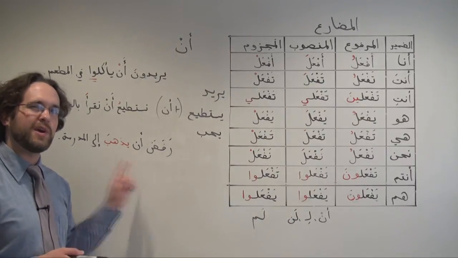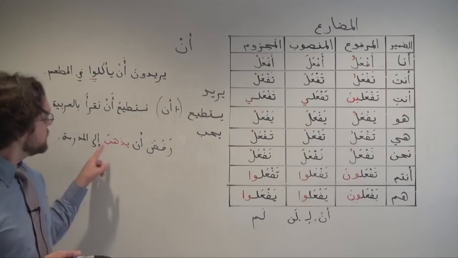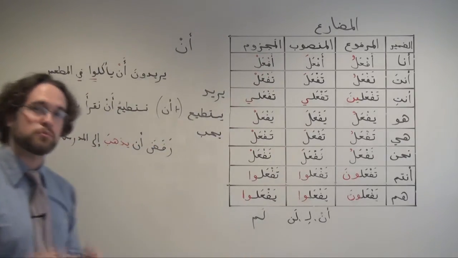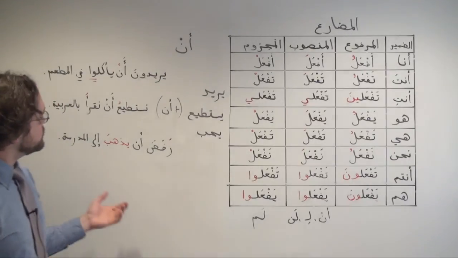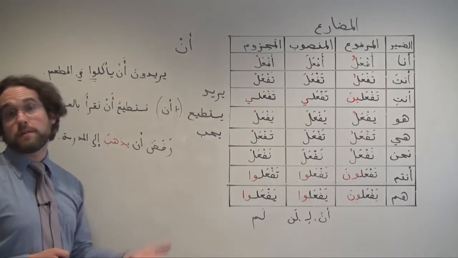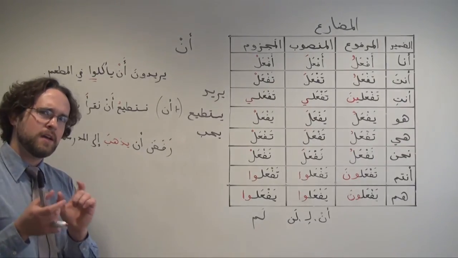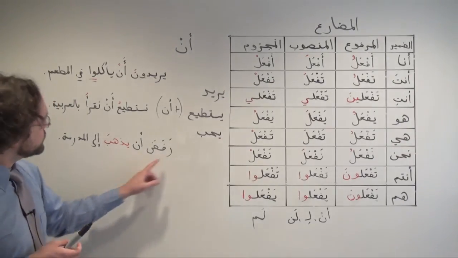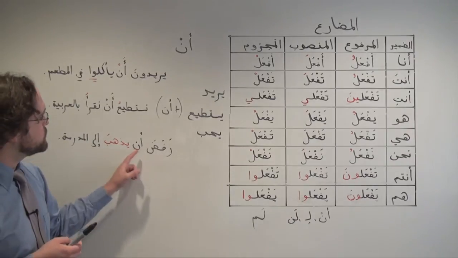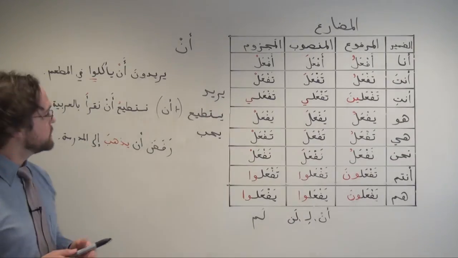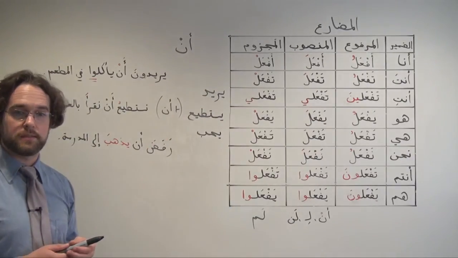But after an, we always need a verb conjugated in al-mudari' al-mansub, in that sort of present tense form. It's sort of equivalent, again, if we say in English, he refused to go to school, right? The to go is kind of a fixed form. And literally what we are saying here is he refused to, he goes to the school. We need to conjugate it in the present tense.